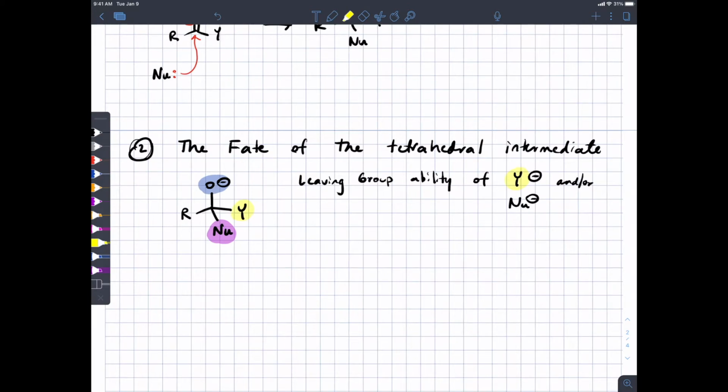Is Y minus a better leaving group than the nucleophile, or is the nucleophile a better leaving group than Y minus? Of course, leaving group ability is relative, so the question is relative to what? And the answer is going to be, again, relative to a negatively charged oxygen. I'll show you why that's the case in a little bit.